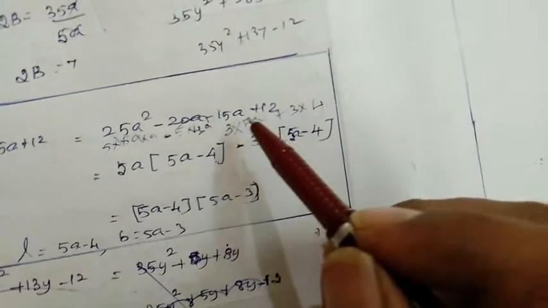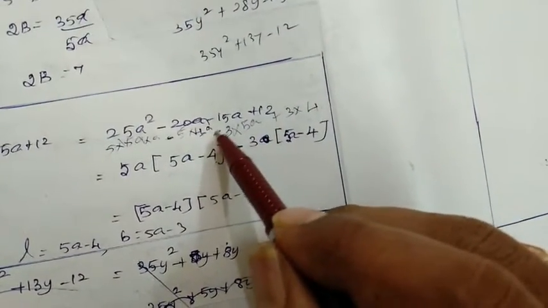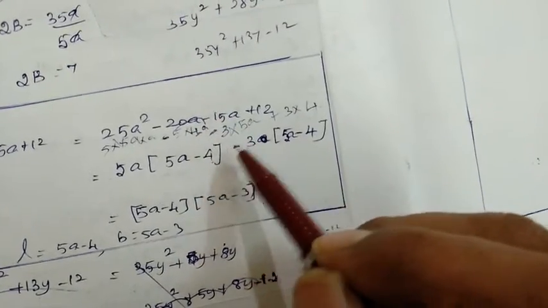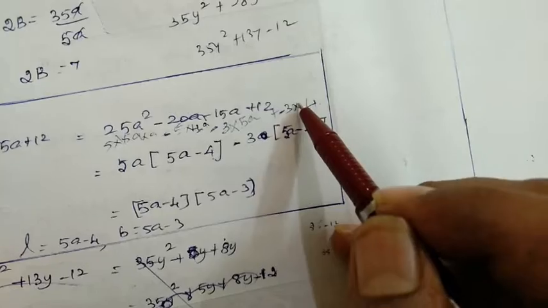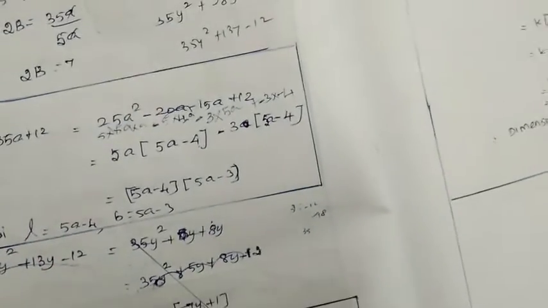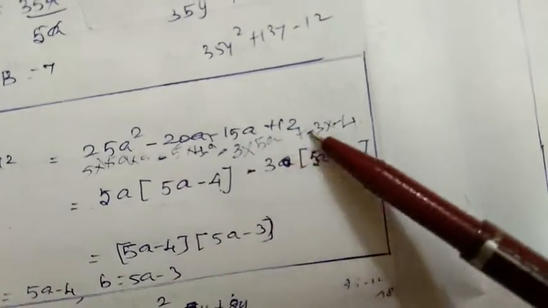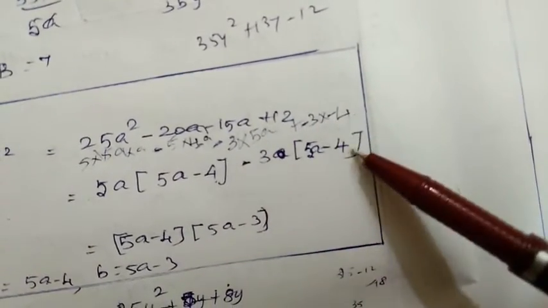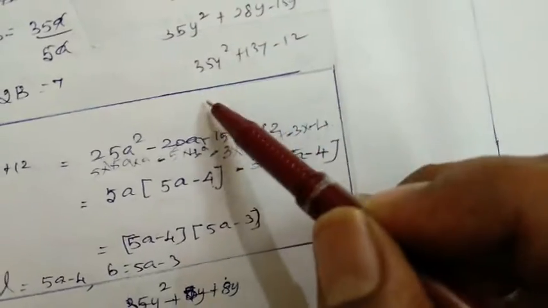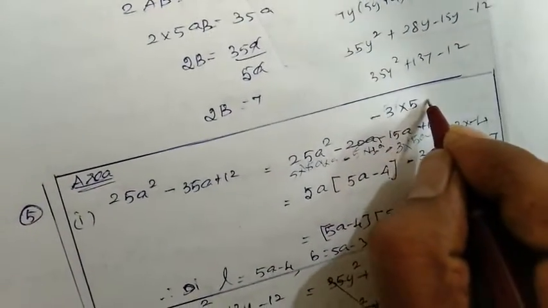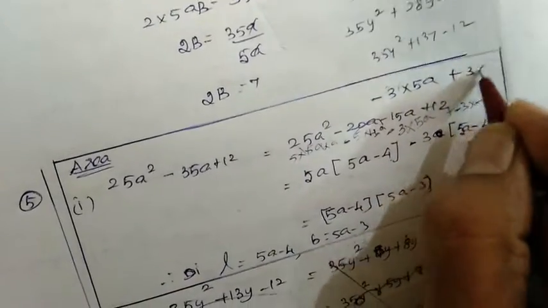Plus means no problem, but you have minus 3 that we are going to take outside, so here you have already minus 3, but here we have minus, so minus is just introduced; only then minus into minus is plus. So now minus 3 we can take outside, so 5a minus 4. So actually minus 3 into 5a plus 3 into 4.